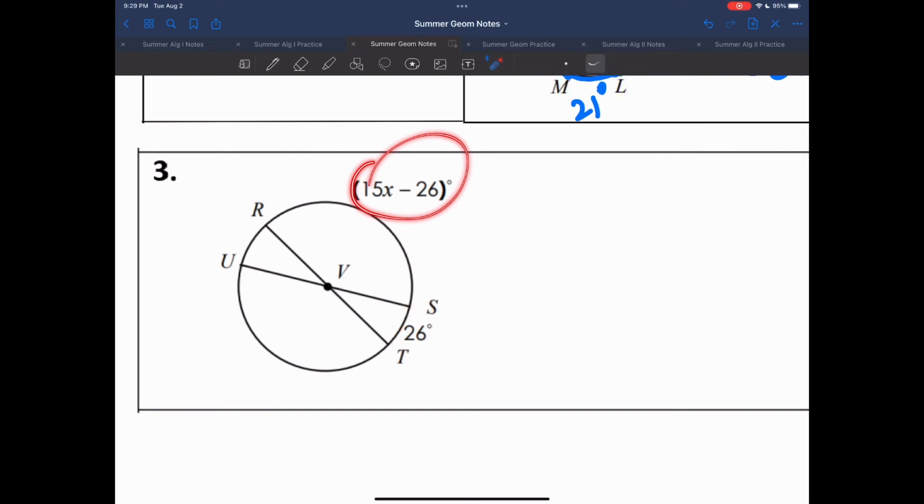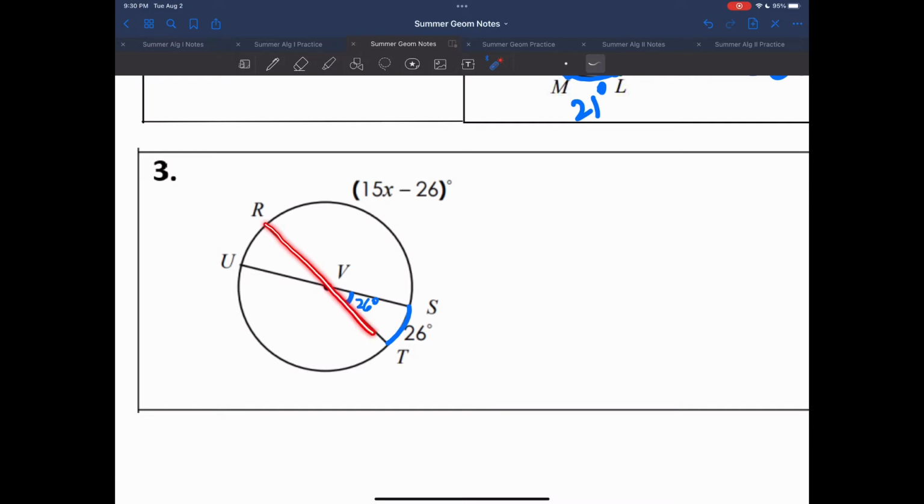But let's try to figure out a way maybe to relate them to each other, or find another piece of the circle, which if you notice, we do know this 26 degrees is going to be equal to this angle. So the angle is 26 degrees. And then let's use our knowledge of straight lines like we've done before.